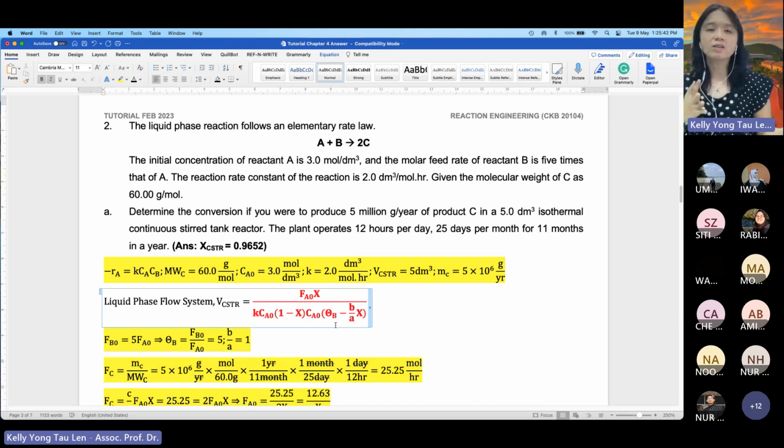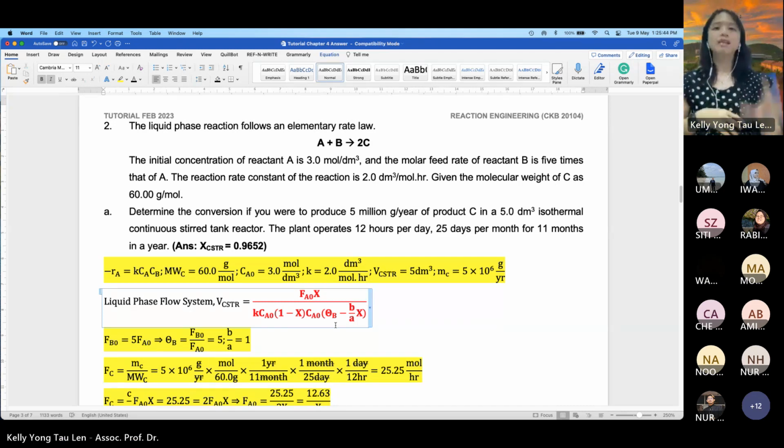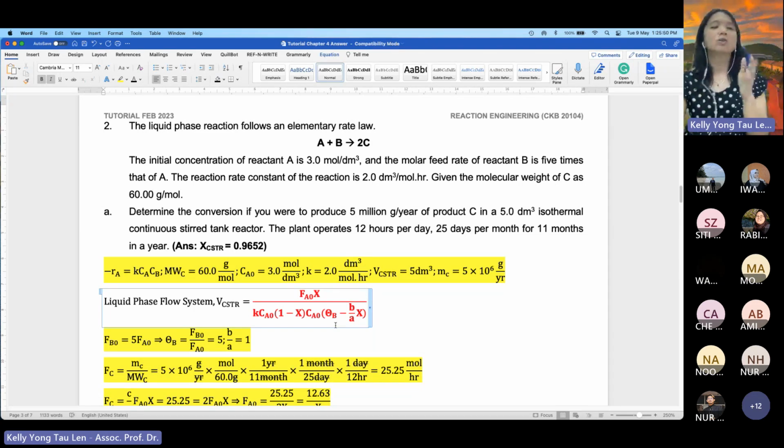Kan dia tahu kita punya X. Okay, so maksudnya the other unknowns kamu kena solve dulu. Kalau kamu tak solve, you can never find your X. So we go one by one. Okay, first of all, volume CSTR kita dah tahu, right? It's given as 5 dm cube. Okay, so belakang kiri, the volume kita dah tahu. Okay, solve. Okay, kita tengok belakang kanan pula. Apa benda lagi yang kita tak dapat solve? Okay, first thing first, kita tahu FA0. So sekarang masalah dia sekarang sebenarnya we do not have FA0.